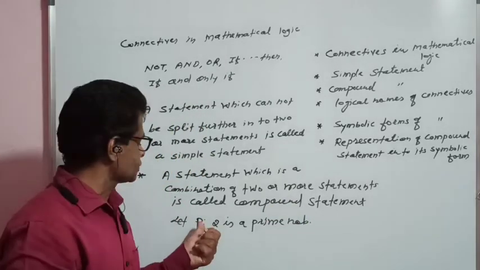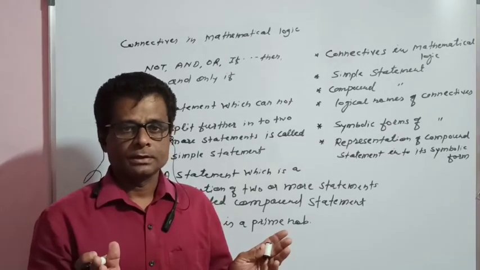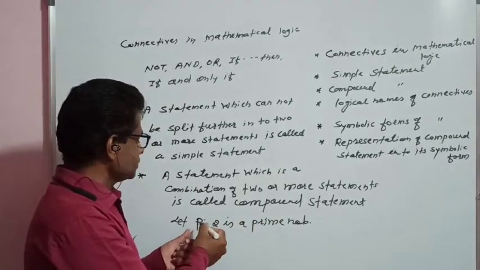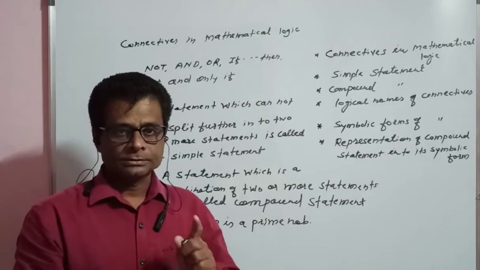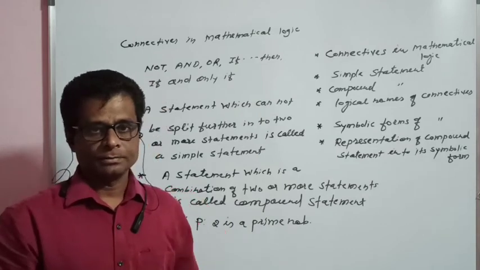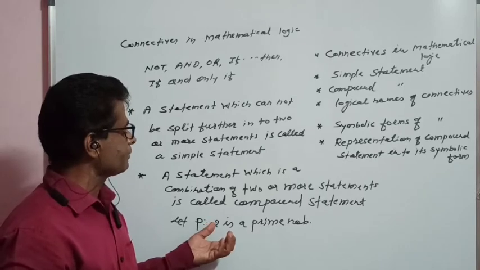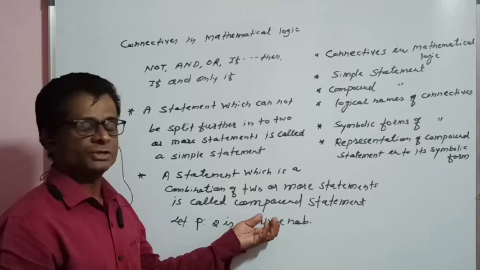So in this statement P, you cannot see any connective used. Therefore this statement is known as a simple statement, and even this is not possible to split further into two or more simple statements.